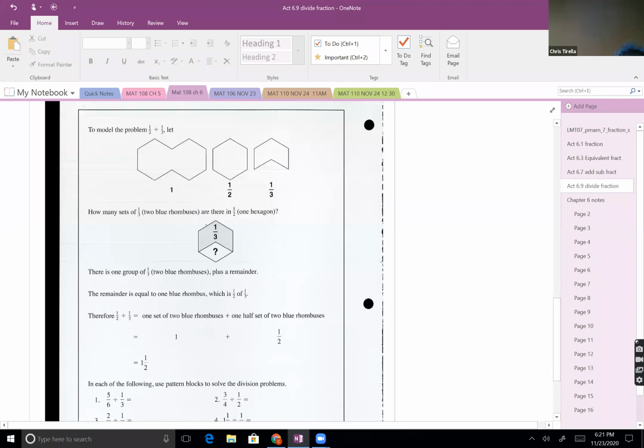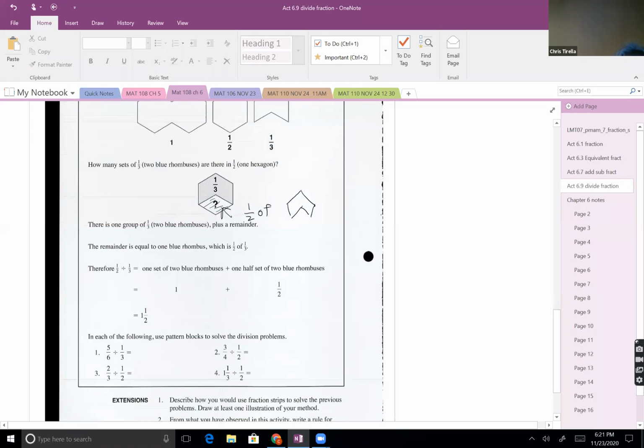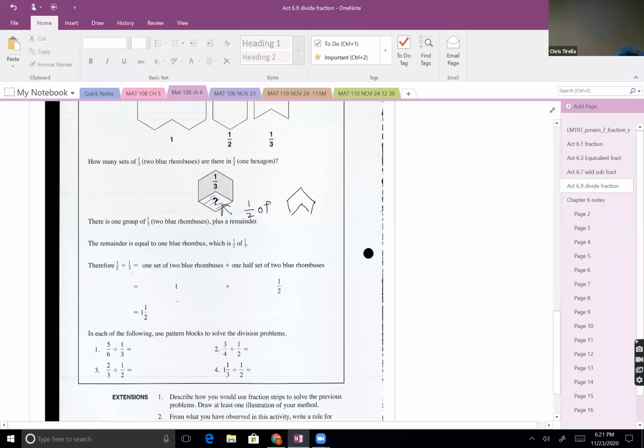So there's 1 whole. And then this piece here, wouldn't this piece be a half of that 1/3? And so we'd say that quotient would be 1.5.